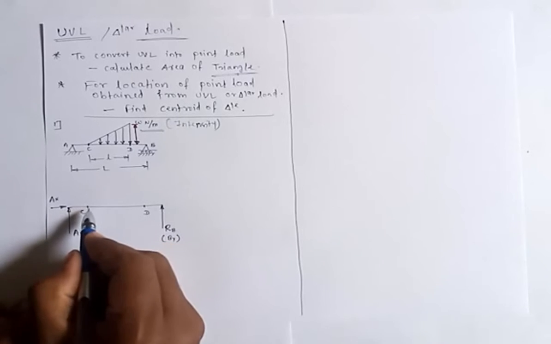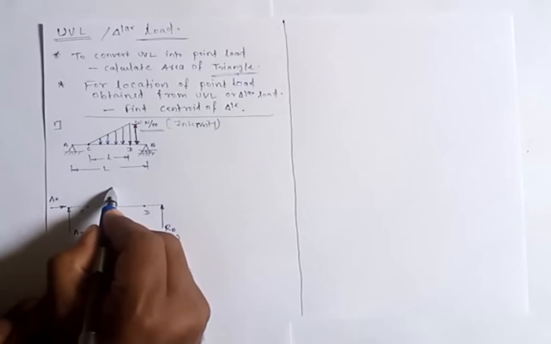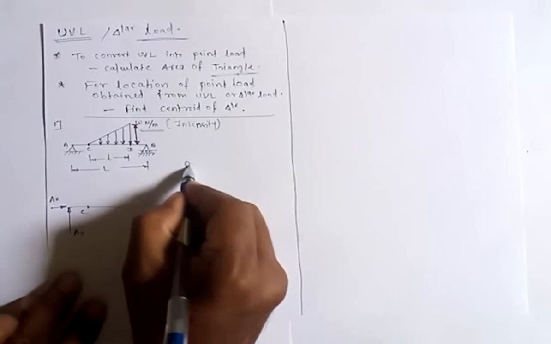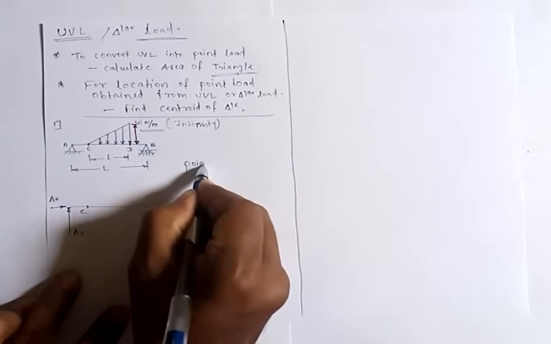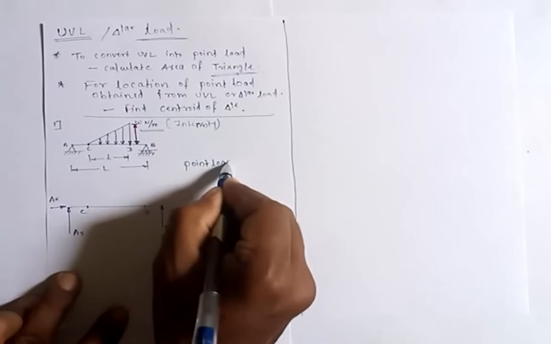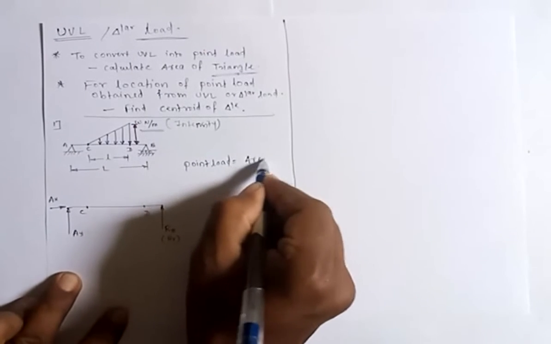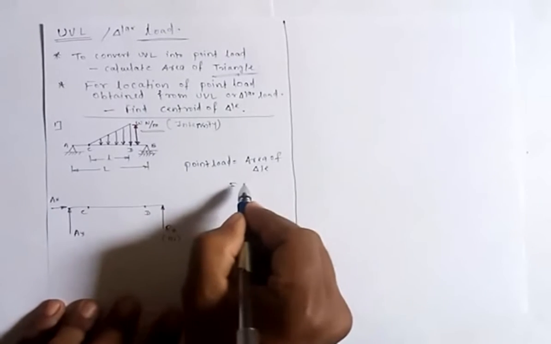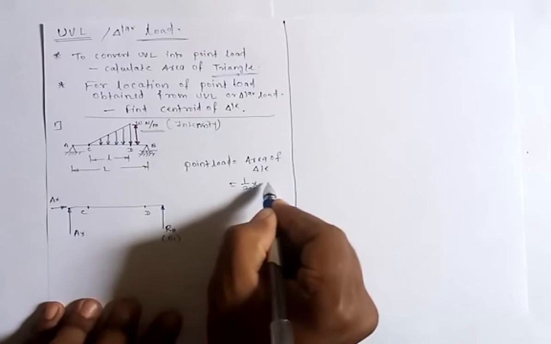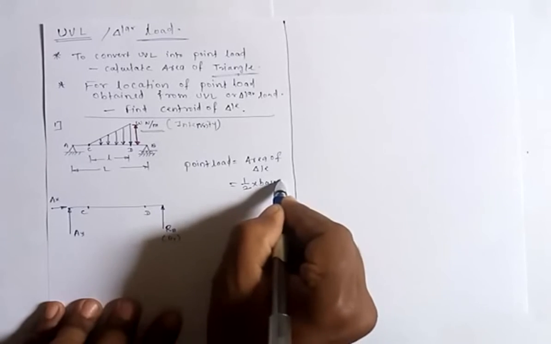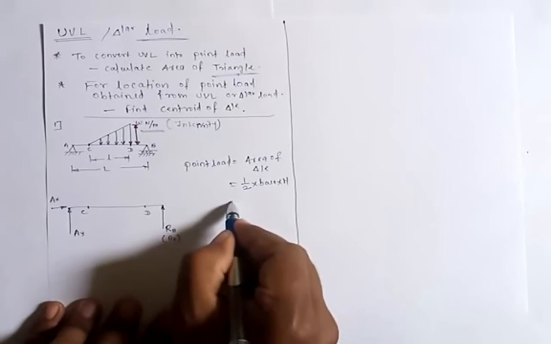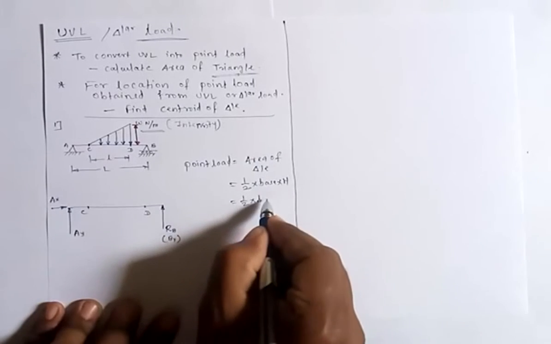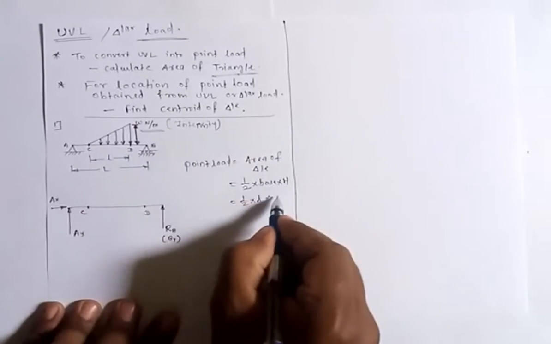We know the area of the triangle is half into W into l. So this triangular load converted into point load will be: point load is equal to area of triangle, which is half into base into height. Here, 1/2 into base l into height, which is the intensity W.